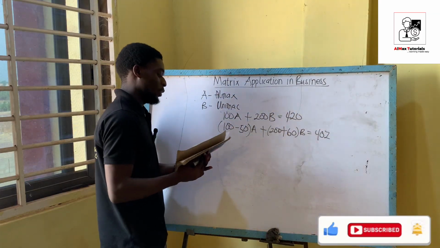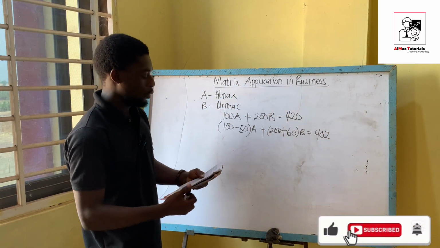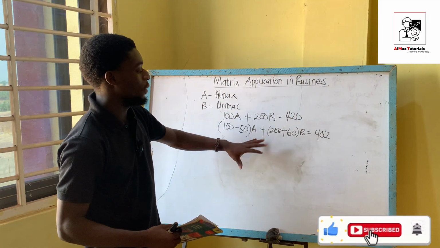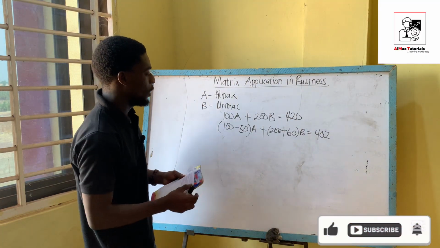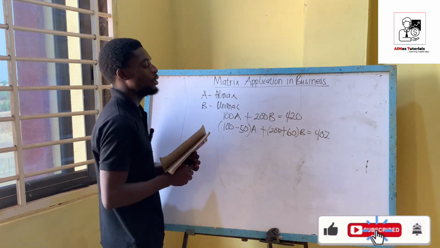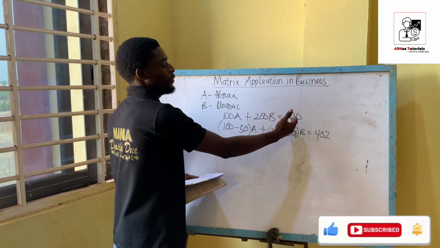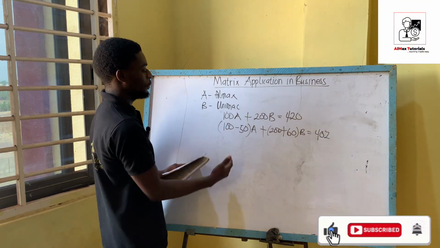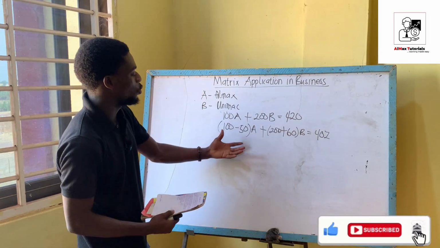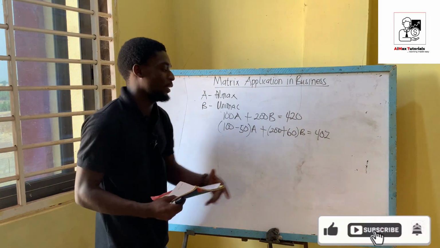which then gives us a market value of $402. Now, the third paragraph says that based on this information, we should calculate the current market price per share. We have gotten our equation 1, which is 100A plus 200B, which gives us a market value of 420. Now you could see that we can do something about the first, second, and third terms.